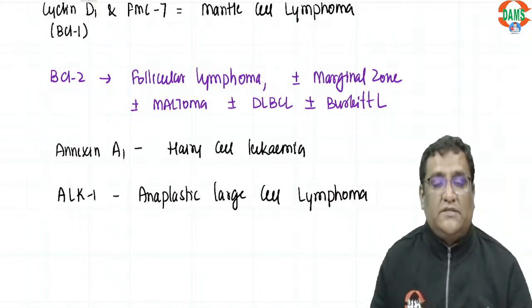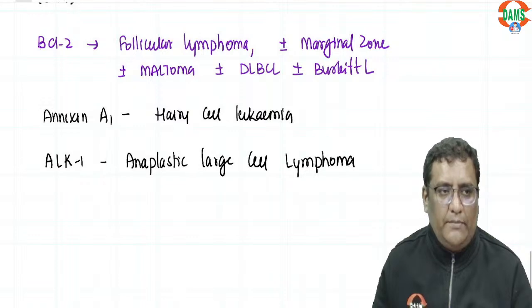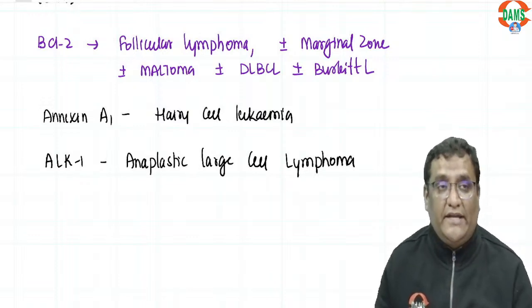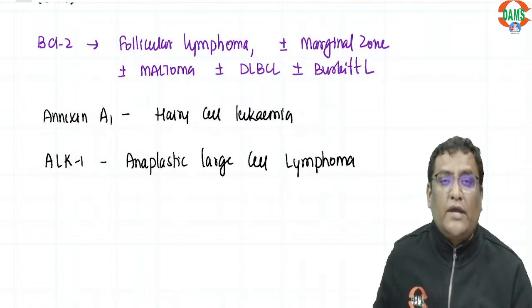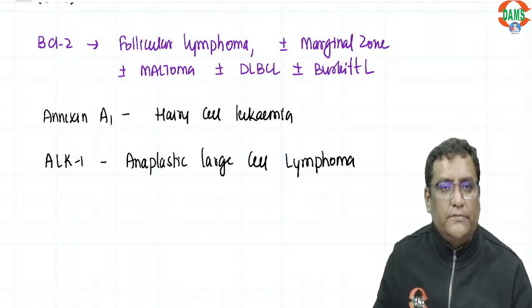ALK is not annexin A1, ALK1. Annexin A1 is for hairy cell leukemia, right?